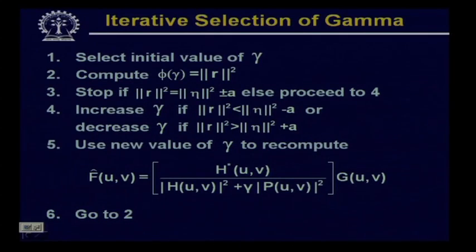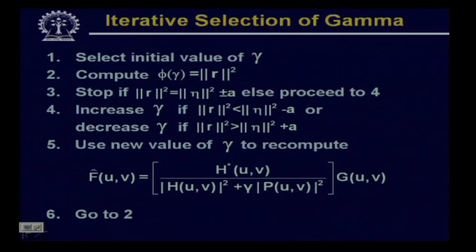If this is not the case, then you proceed to step number 4, where you increase the value of gamma if r square is less than eta square minus a, or you decrease the value of gamma if r square is greater than eta square plus a.